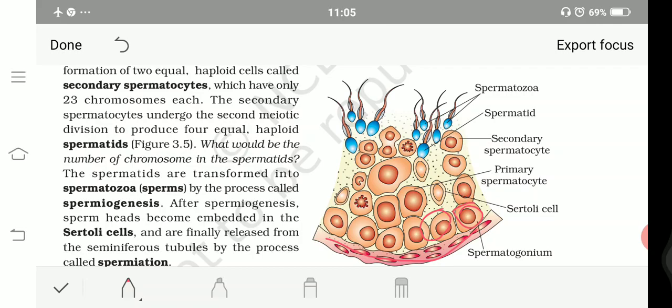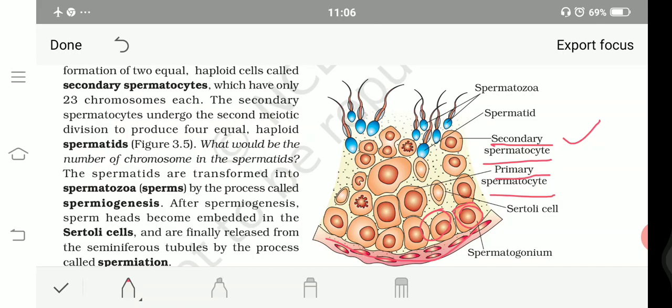These are the basal cells which are responsible for the process of meiosis. Once they undergo meiosis, they form haploid cells known as secondary spermatocytes. These are quite similar in structure to the primary spermatocytes, so to see the difference you have to go for microscopic analysis.